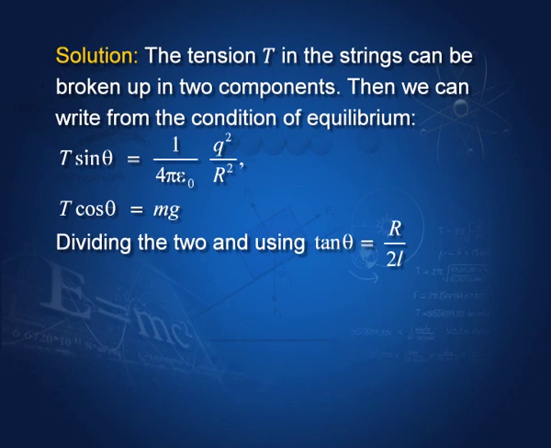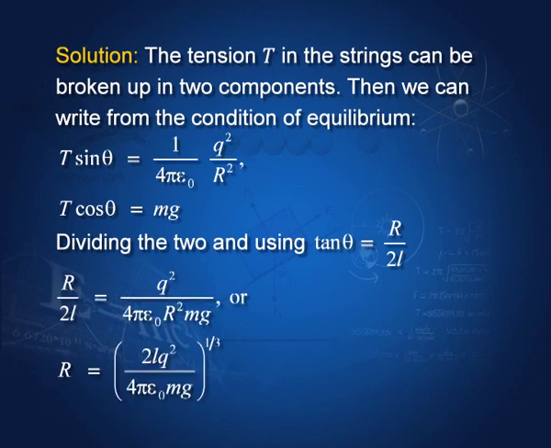When I divide one by the other, I will get tan theta, which is r by 2l. This is equal to q squared by this, and from this I can get r, and r is given by 2l q squared divided by this. Remember that r, the distance between them, is proportional to the cube root of L.